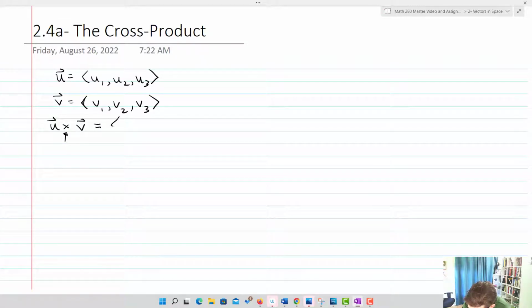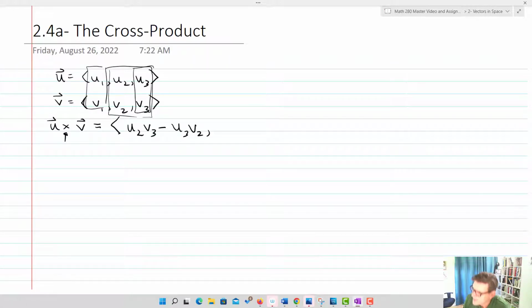How we might write it: for our first component, we're only going to be looking at the last two components in u and v. So it's going to be u2 v3 minus u3 v2, comma, and then we'll look at the first and third, the ones that are not the one we're actually finding inside of the cross product. So this is now going to be u1 v3 minus u3 v1.